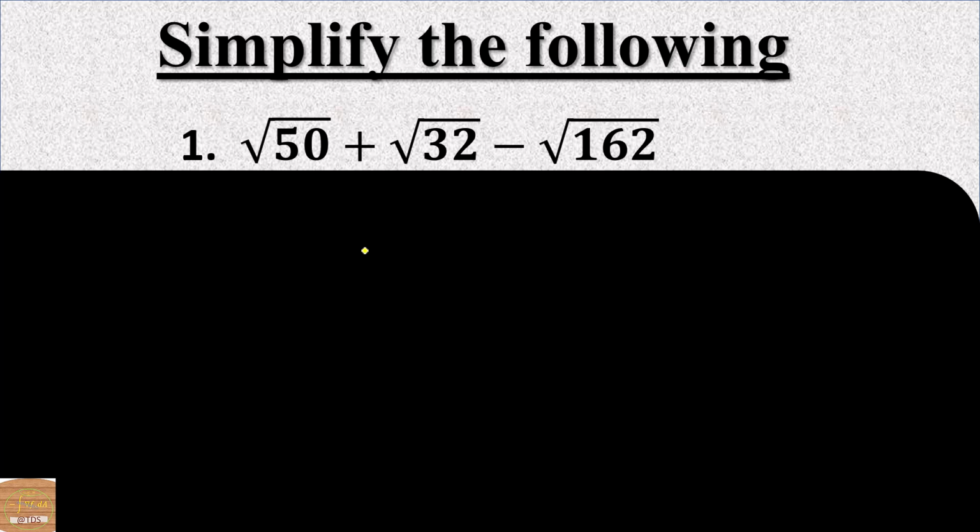Now we know what a perfect square is. Let's look at this 50 here. Let's test the first number by dividing the 50 by 2. Of course, I've taught how to reduce a problem like this to its basic form, so you can check it out.